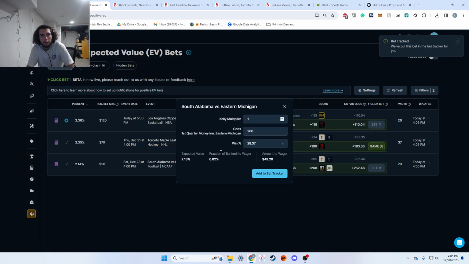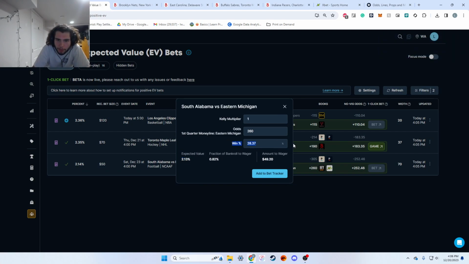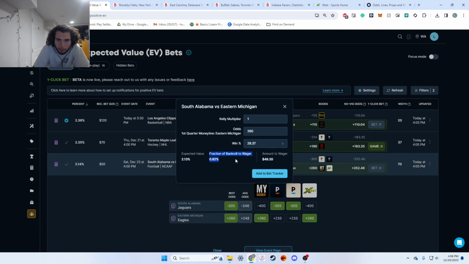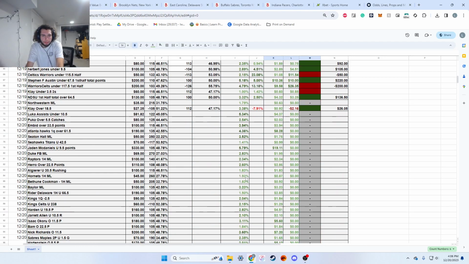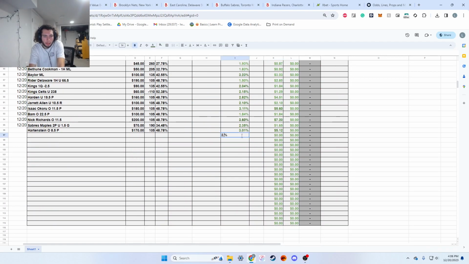So basically how you calculate how much money you wager is the expected value times the win percentage gives you the fraction of bankroll to wager if you're using a Kelly multiplier of 1. And some people recommend Kelly multiplier 0.5, some people use 2. I think 1 is fine for me. So that is that there.